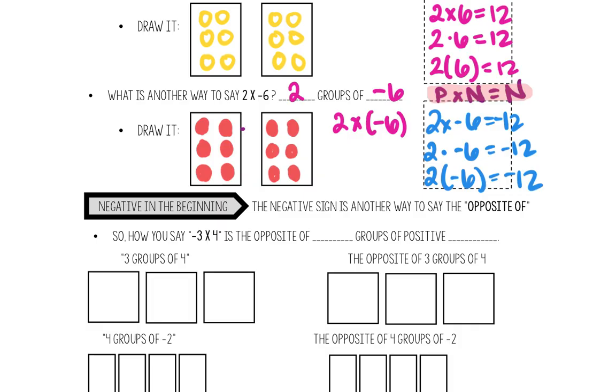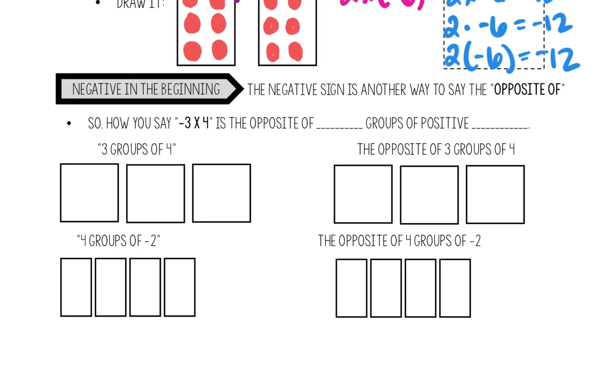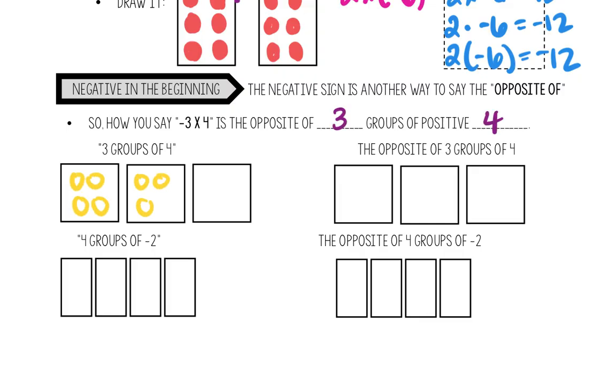So 3 groups of positive 4 would be 4 in 3 different groups, right? But the negative sign means the opposite of.